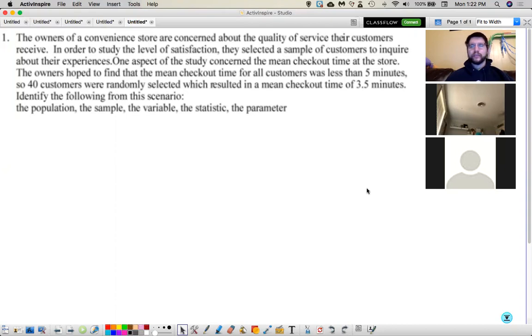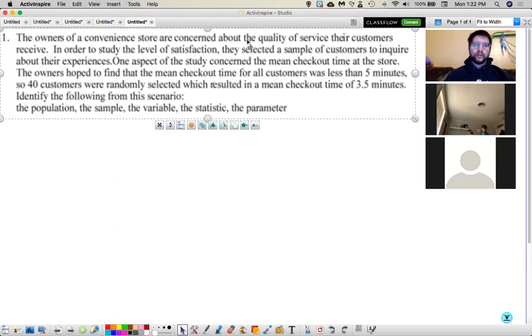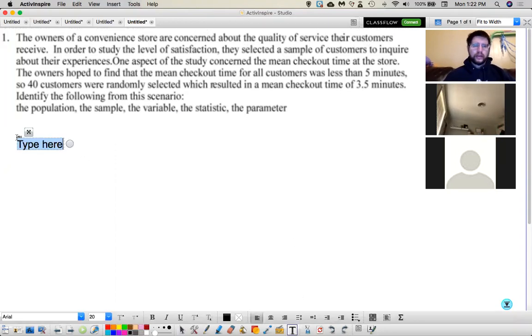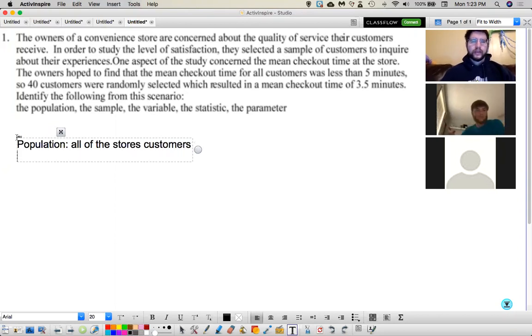So what would the population be? What are we looking at? We're looking at all of the customers that the store has. So the population would be all of the store's customers. The sample would be the 40 customers that they selected.